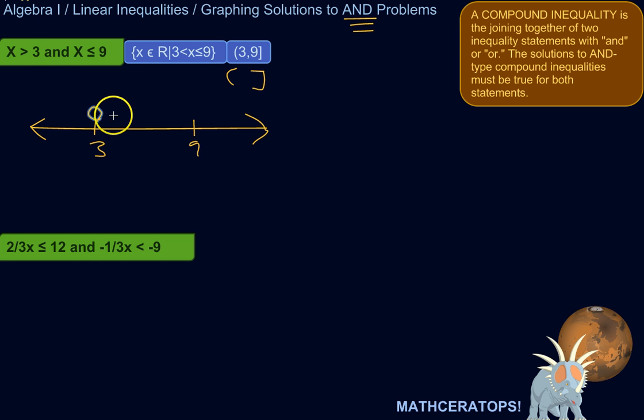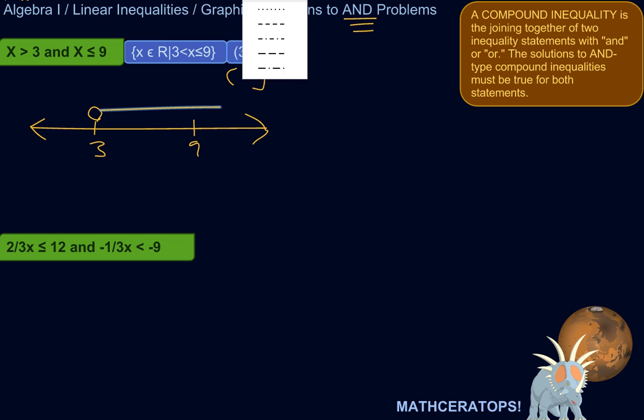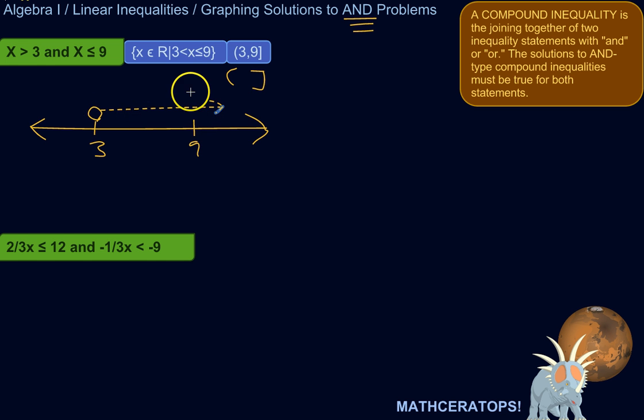So x is greater than 3, and because I can do this in this program, I'm going to make that a dotted line to show that this is tentative right now. We're just sketching this out to see where these two overlap, and then our real solution will be where they overlap. So that's the first part: x is greater than 3.